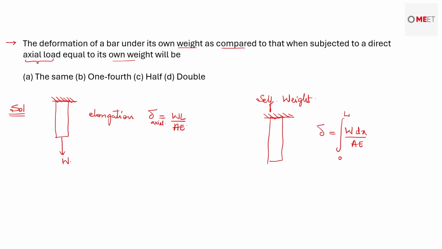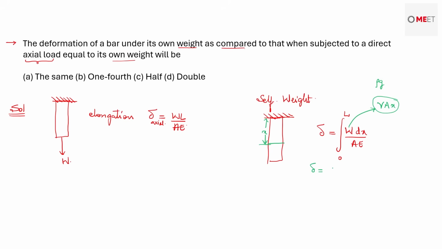Now, instead of writing W, we would express W as weight density gamma, which is density into g, that is acceleration due to gravity. So weight density into area into length we write, but here we are considering this for x portion of length. So gamma into A into x will be the expression for W.